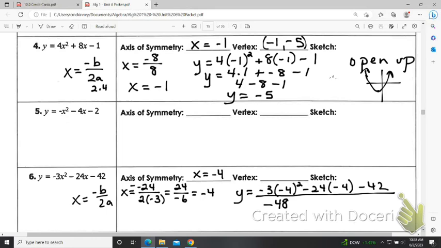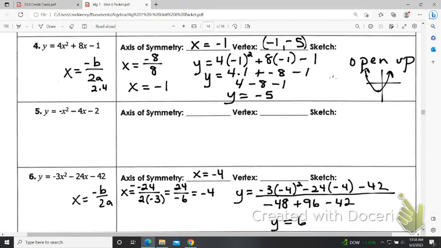Negative 24 times negative 4 makes positive 96, and then we also have a negative 42. Now, if I'm doing this in my head instead of the calculator, personally, I put those two negatives together first and then only subtract once. So if I add those two negatives, I get negative 90, and then 96 minus 90, y is 6.